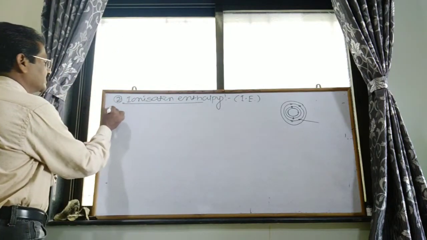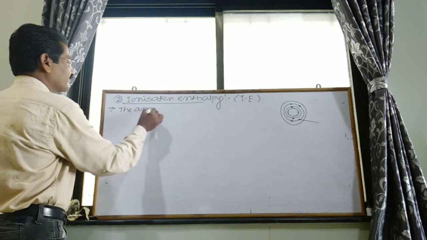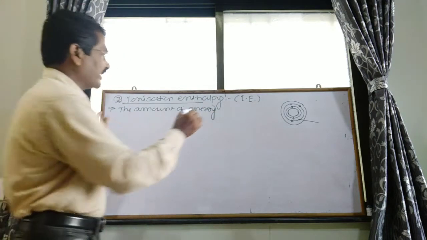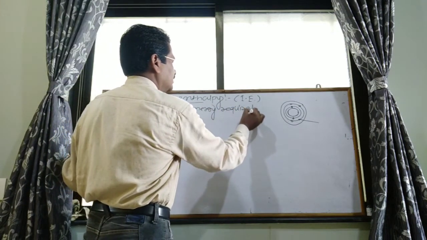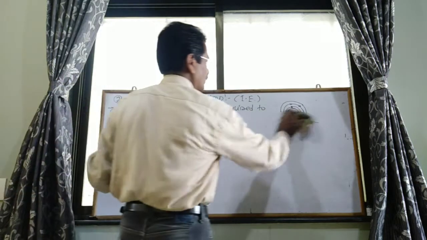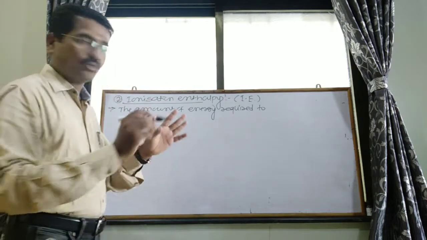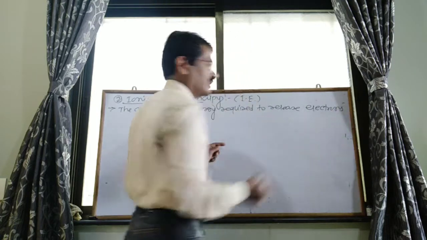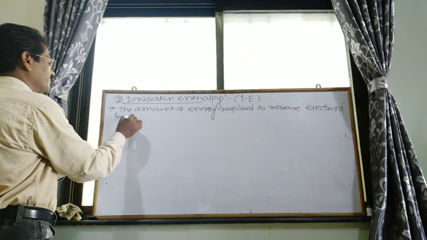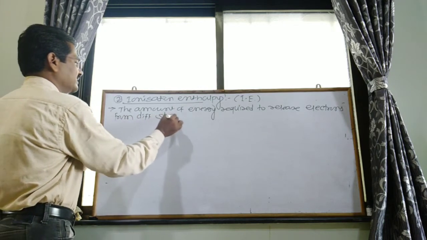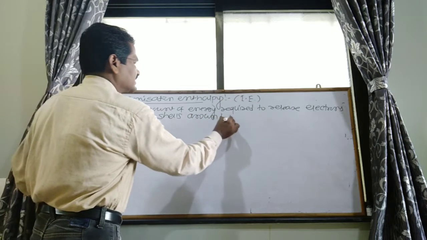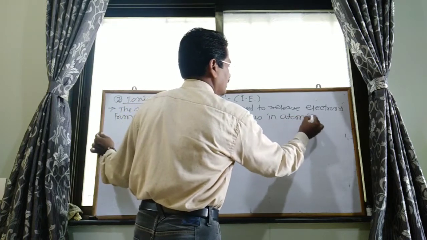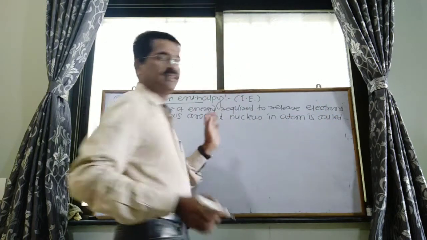So see the definition: the amount of energy required to remove or release electrons from different cells around the nucleus in an atom is called ionization enthalpy.